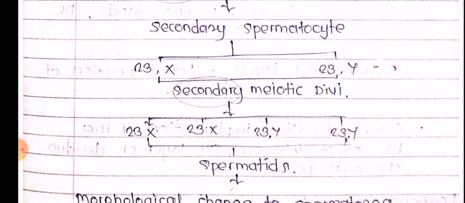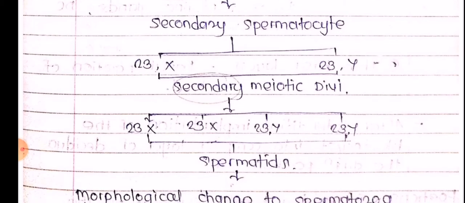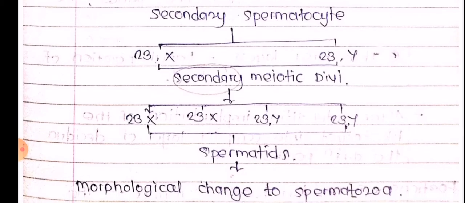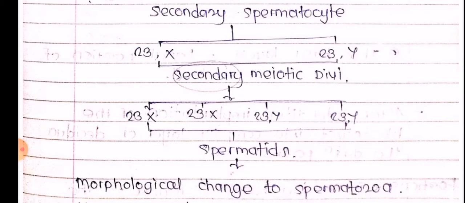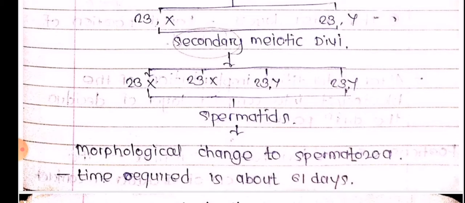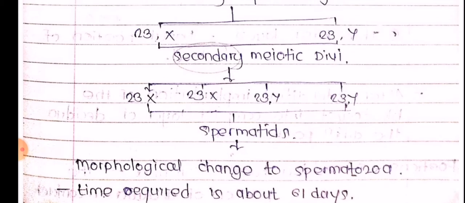These further divide by the second meiotic division and eventually give 23X, 23X, 23Y and 23Y. They further develop into spermatids. The morphological changes to spermatozoa then take place, and the time required is about 61 days.